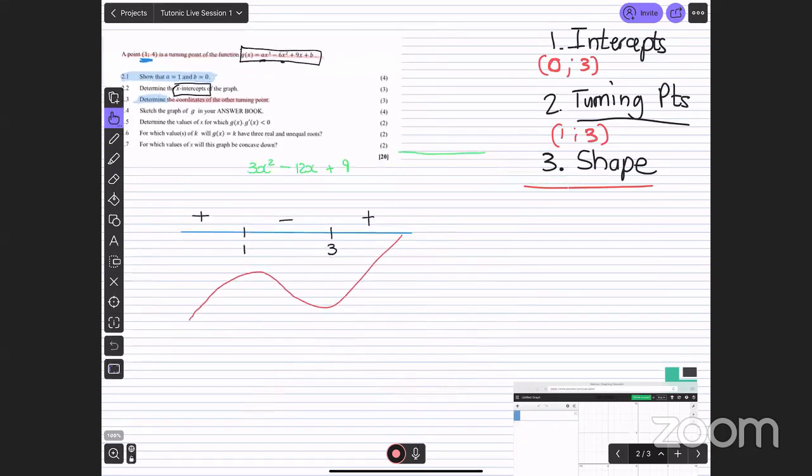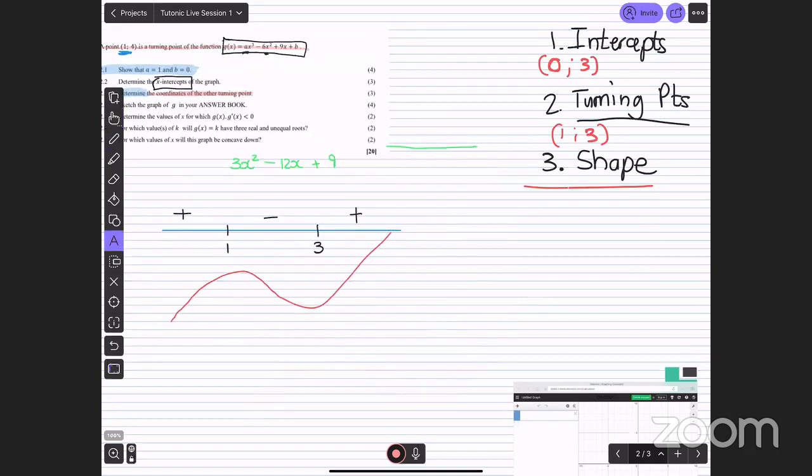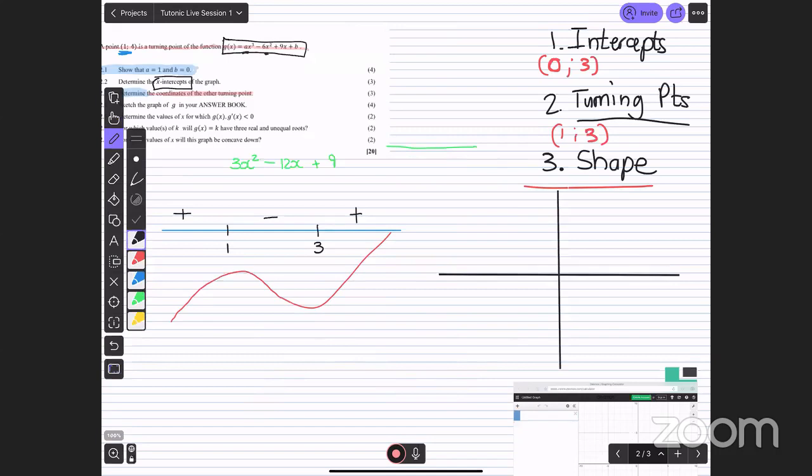So let's draw our Cartesian plane. And we can just fill in our information, right? What did we say the x-intercepts are? 3. So we can say about over here.